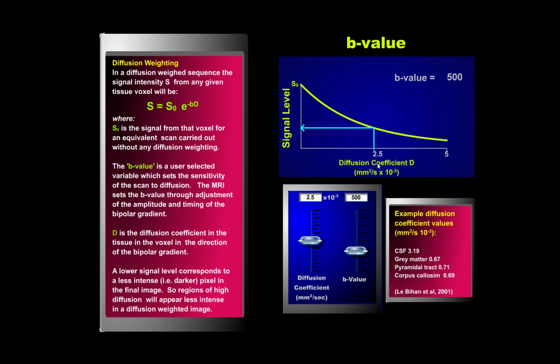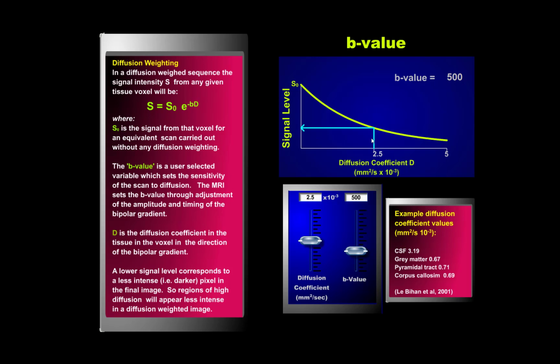And we said that the more diffusion we see, the lower the signal is going to be. So this graph makes sense from that point of view. At a higher diffusion coefficient, the signal is going to drop. In other words, the pixel or the voxel is going to show darker. Okay, and it's not a linear relationship. It's kind of an exponential curve.